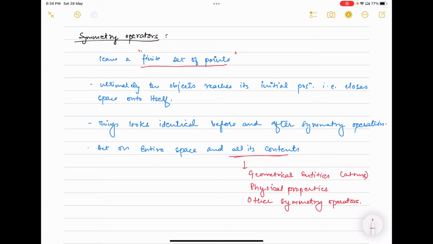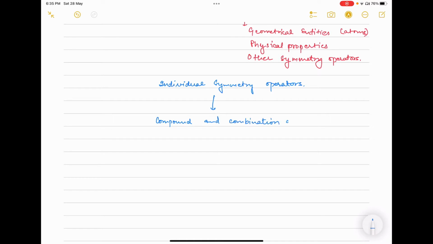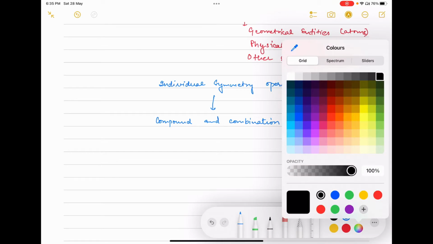Alright, so now how do you understand the symmetry of a crystal? So first you have individual symmetry operators. Then you can club these operators to form compound and combination operators. Now, what is the difference between compound and combination?